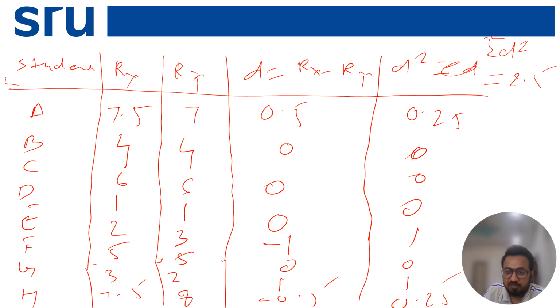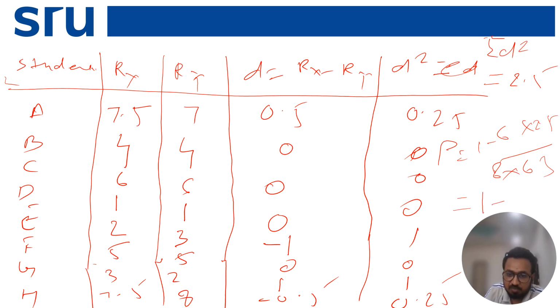So now rho equal to 1 minus 6 into 2.5 by n into n square minus 1. Here n equal to 1, 2, 3, 4, 5, 6, 7, 8. So n equal to 8. 8 into 8 square means 64 minus 1, this is 63.